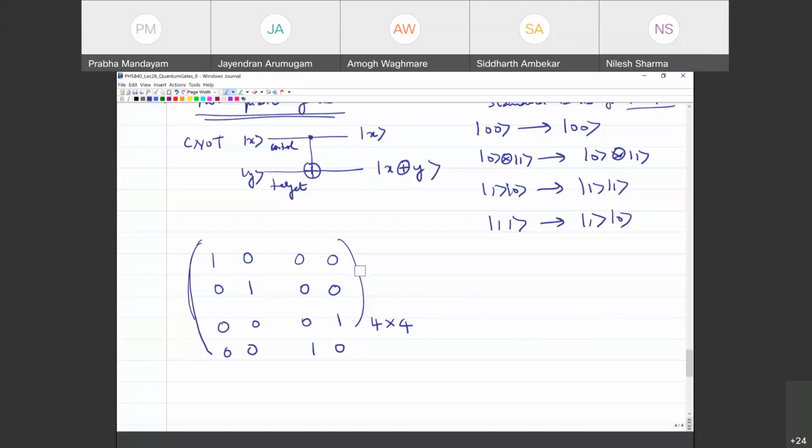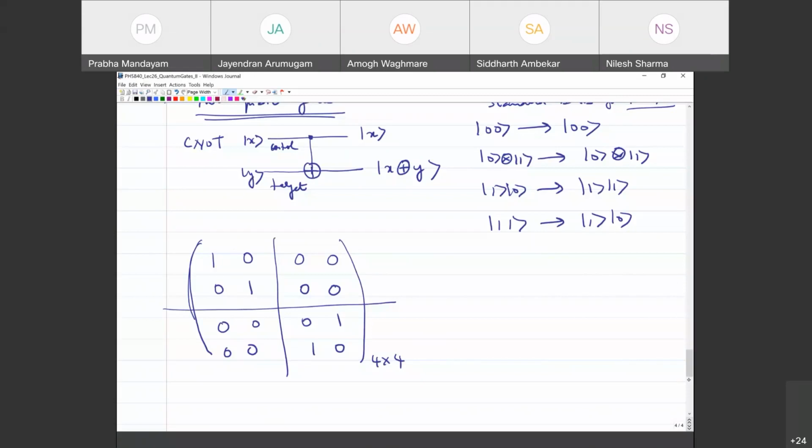This is indeed the way to visualize this in a block form, right? So what Amog was just telling us was a way to look at the CNOT in this block form, where you essentially have the off diagonals to be the full 0 matrices, and the diagonal essentially has 2 diagonal blocks, one which is the identity matrix and the other which is the X matrix.